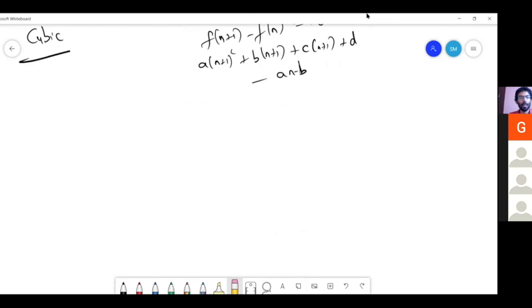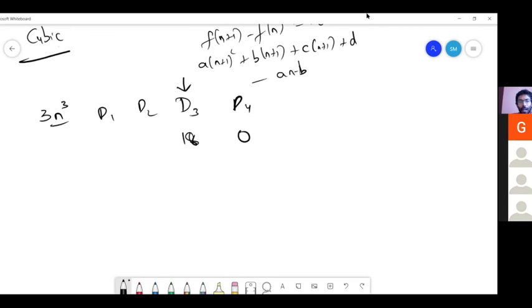Suppose the starting sequence is n cube, then d1, d2, d3 would be 6, d4 would be 0, right? Suppose the starting sequence is 3n cube, can you tell me what d3 would be? 18. Excellent. So if S0 is 3n cube, this is 18.